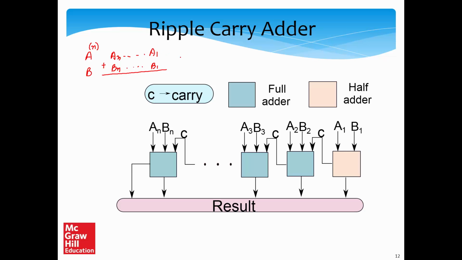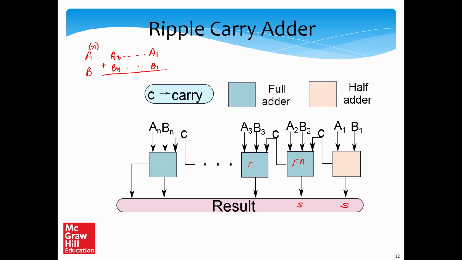Mind you, there is no carry input, so we can use a half adder. The half adder will produce a sum bit and a carry. Subsequently, we need to add A2, B2 and the carry that was generated, so we need a full adder. Again, we save the sum bit and move the carry to the next position.